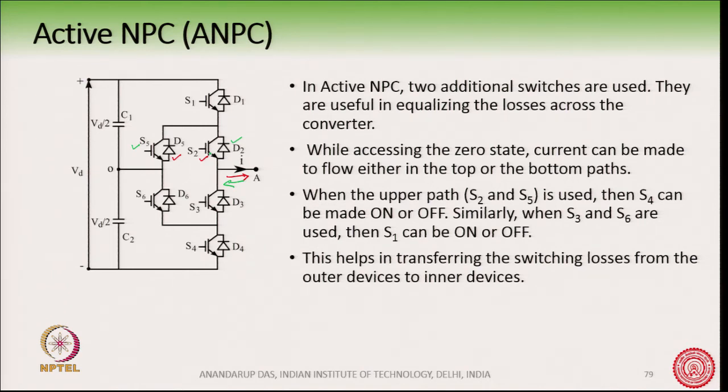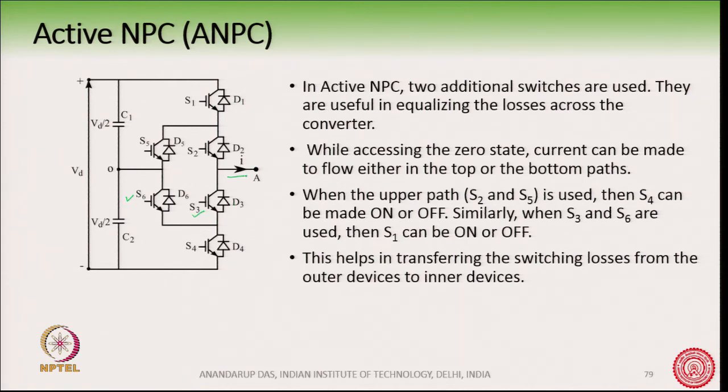Okay. On the other hand, if I want the current to flow through the lower path only for the 0 state, then I will turn on S3 and S6. Okay.